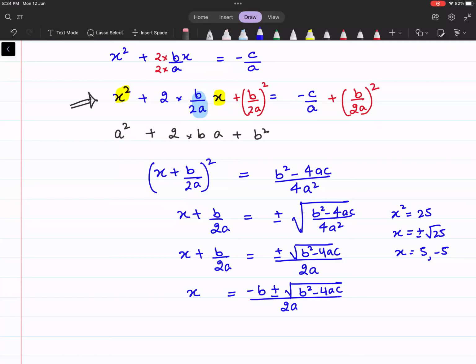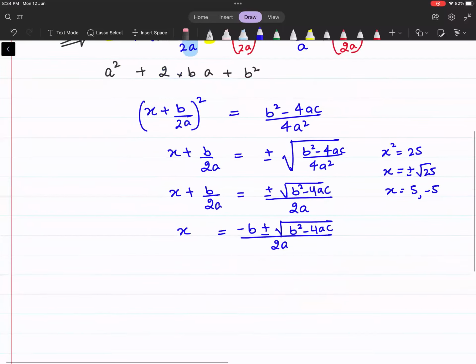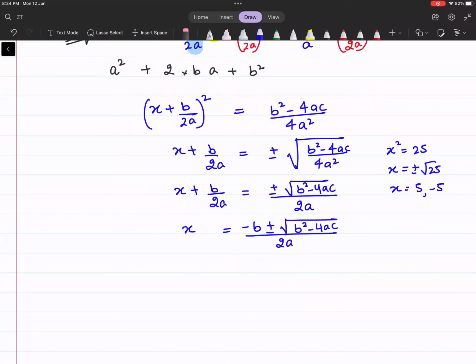This is the quadratic formula for the roots. Here you can write both the roots separately: alpha and beta are (−b + √(b² − 4ac)) / 2a and (−b − √(b² − 4ac)) / 2a.